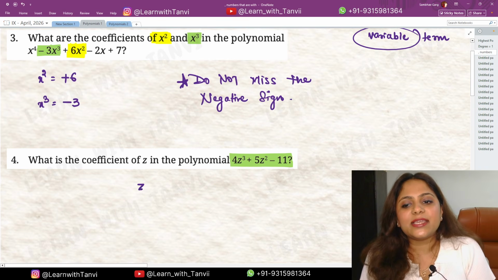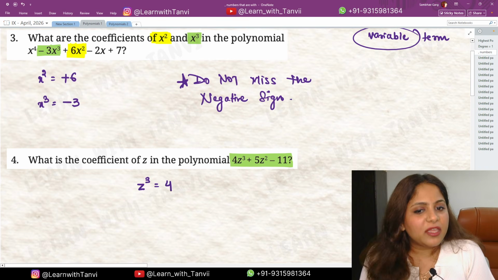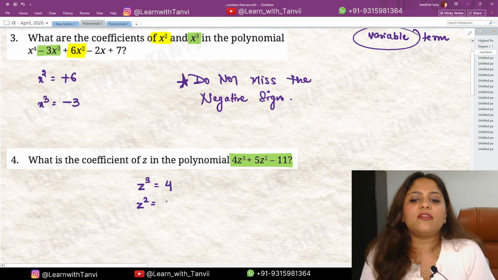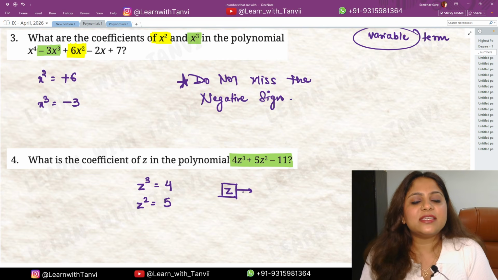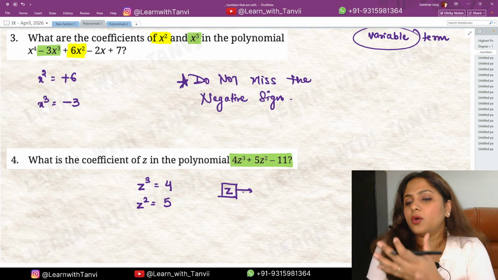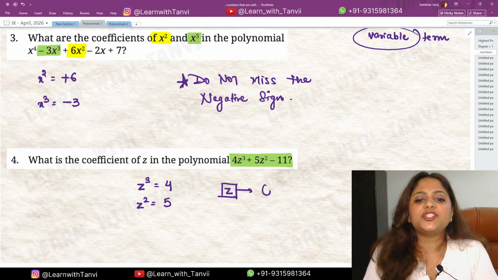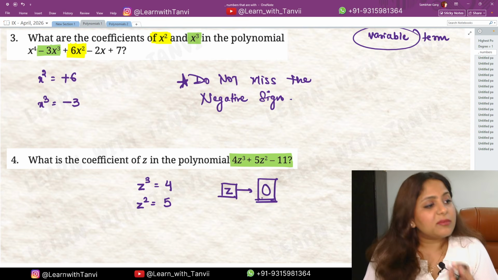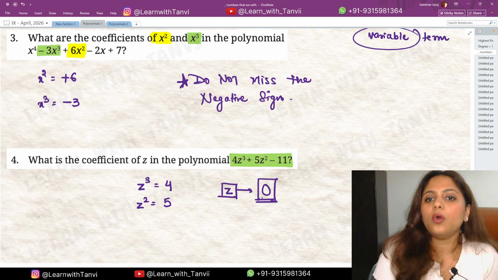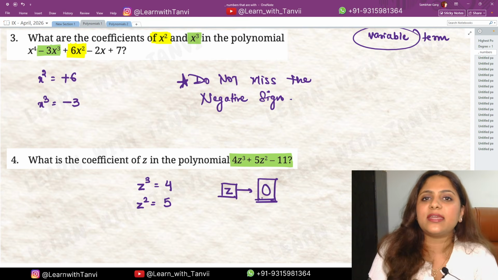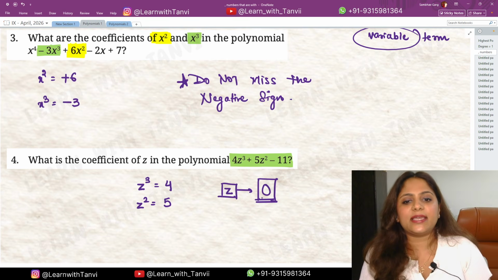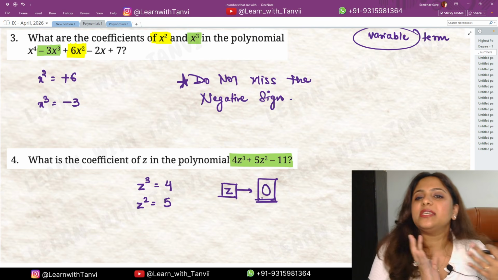Understand this. अगर z cube बोलते तो it would have been 4. Z square बोलते it would have been 5. But they want the coefficient of z and since there is no z in the whole polynomial, the coefficient is 0. समझ में आया? So if there is no वेरिएबल, वो टर्म है ही नहीं, तो the coefficient is going to be 0.